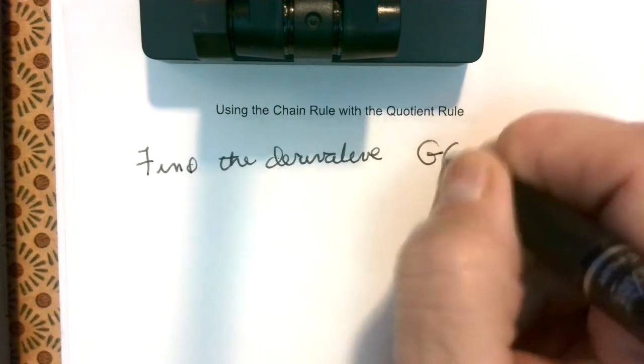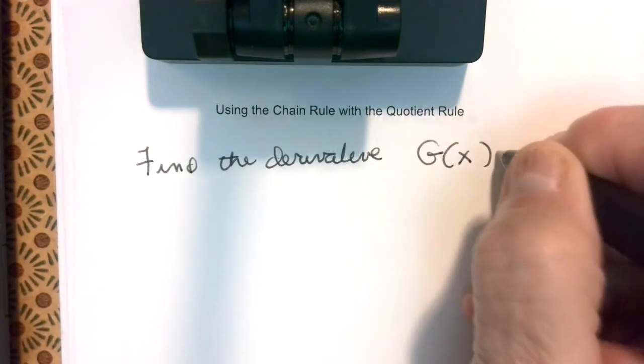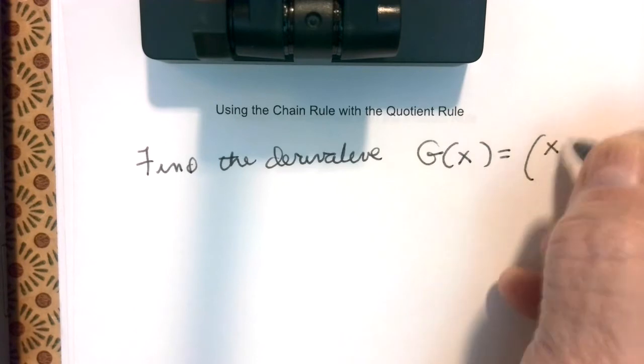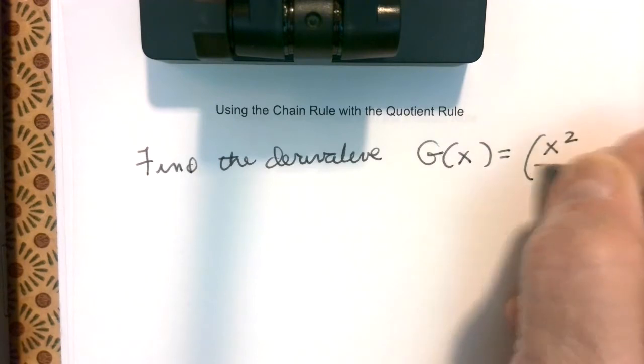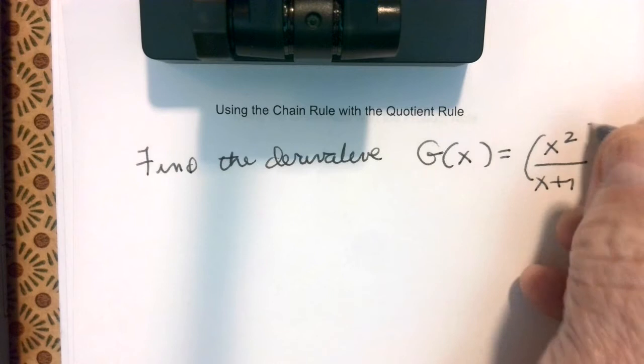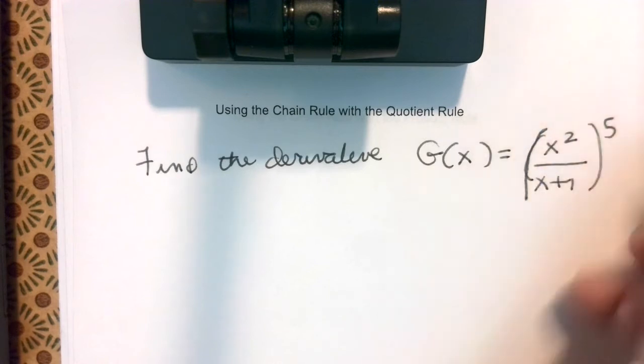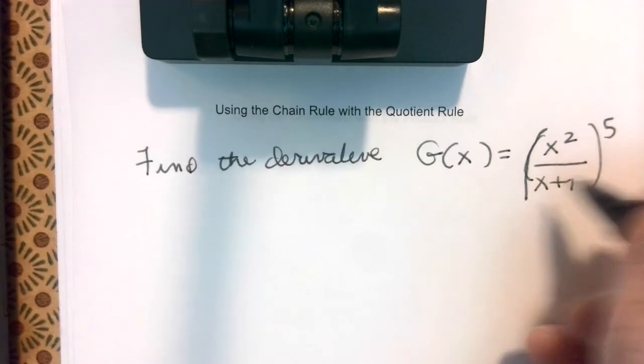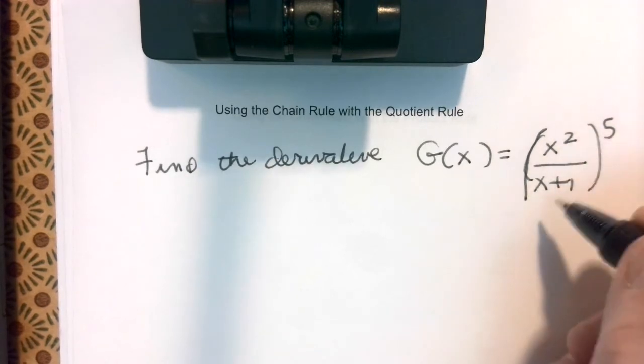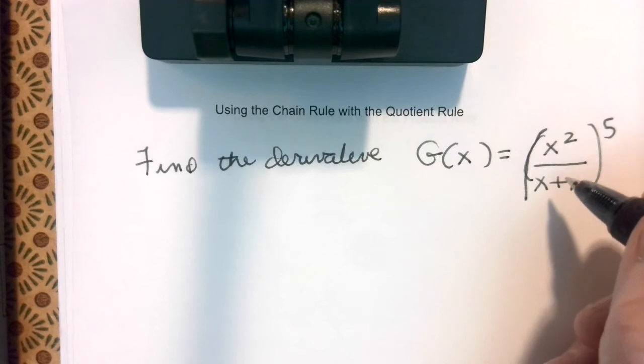And g of x is equal to x squared over x plus 1 to the 5th. So we're going to have to use the power rule because our outside function is an exponent. But then we're going to have to use the quotient rule because the inside is a quotient.